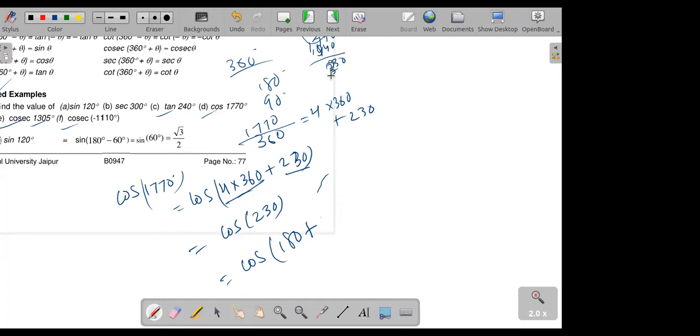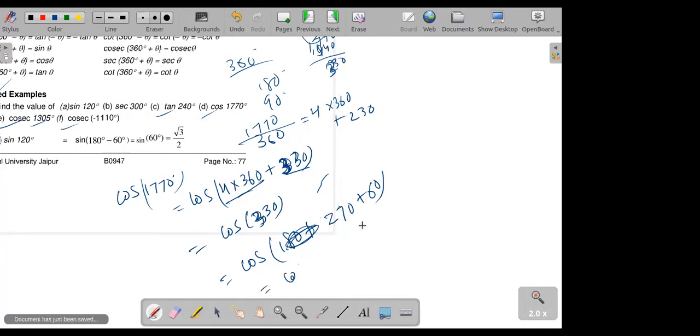Oh, okay, the difference. Right. So it will be 270 now. So it will be 270 plus 60, or you can write cos of 360 minus 30. Both ways you will find the answer.